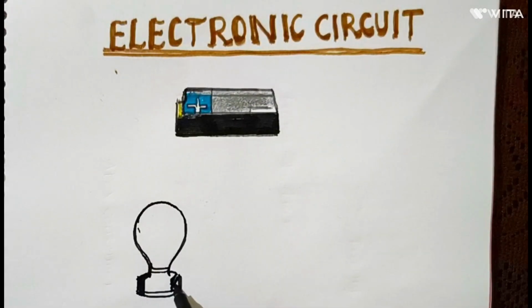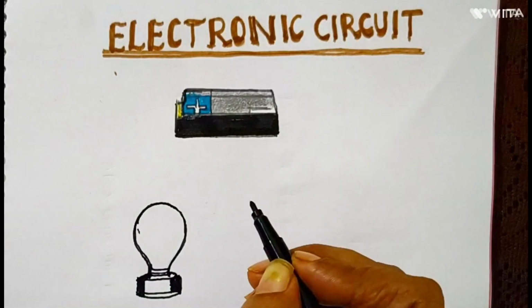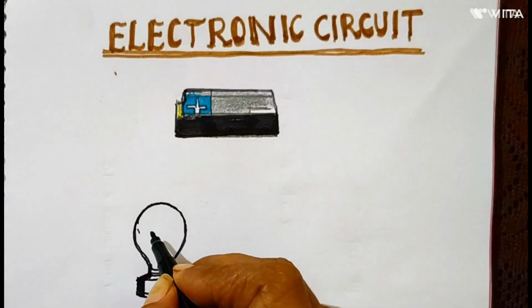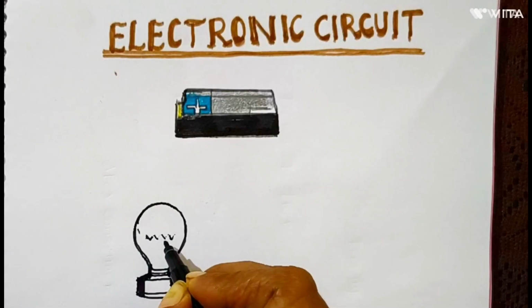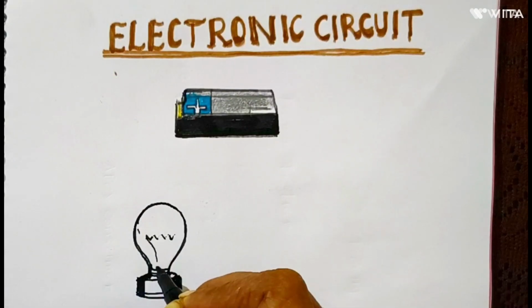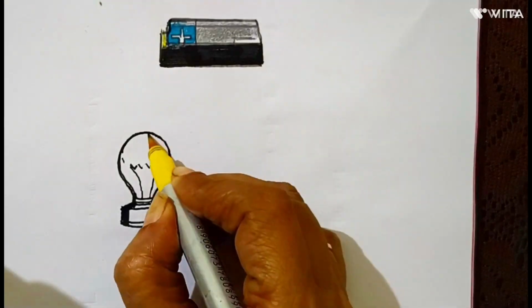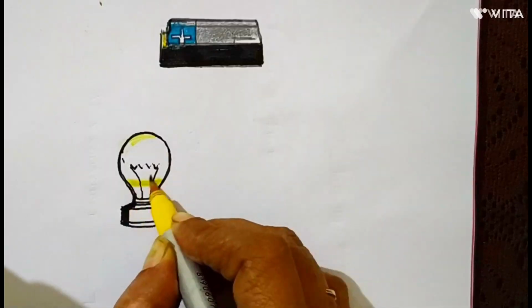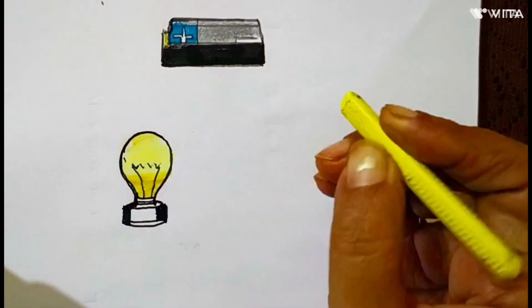Inside the bulb, there is a very thin wire called the filament. When electric current passes through this filament, it becomes hot. I am drawing this, it is called the filament, and because of this heat, the bulb starts glowing and producing light.